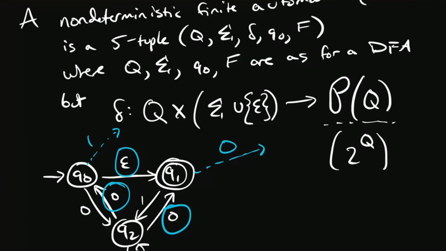Where do you get the 2 from on that, or it's always a 2? The 2 here is just notation that I've seen before. So some sections, including the one that I took a long time ago, use the 2 for power set. So they mean exactly the same thing. It's just notation.